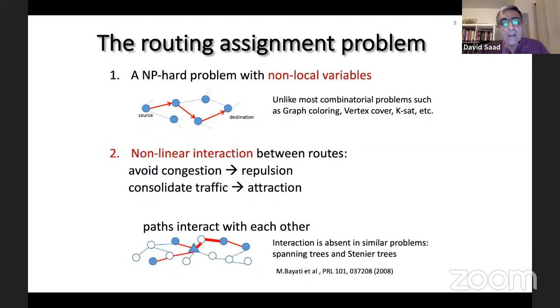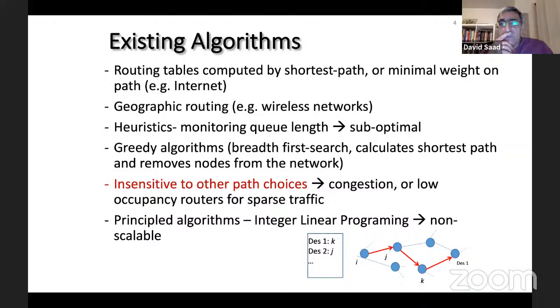So there have been some works in this area, and I should point to the spanning trees and Steiner trees problems that have been investigated by the Turing group mainly. So clearly the internet is working, so people are using algorithms, but most of these algorithms are actually heuristic.